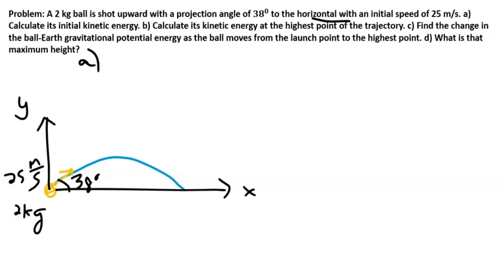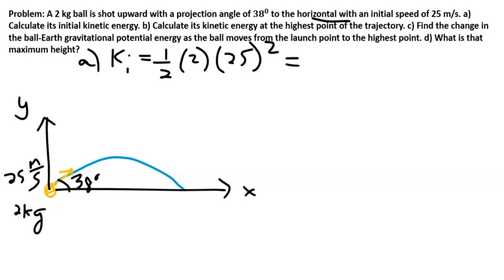So now that is simple. The initial kinetic energy is half, the mass is 2, and square of that speed, which is 25 squared, and that's going to give you 625 joules. Now part B. Calculate its kinetic energy at the highest point. Now when the object reaches the highest point, the velocity is purely to the right.